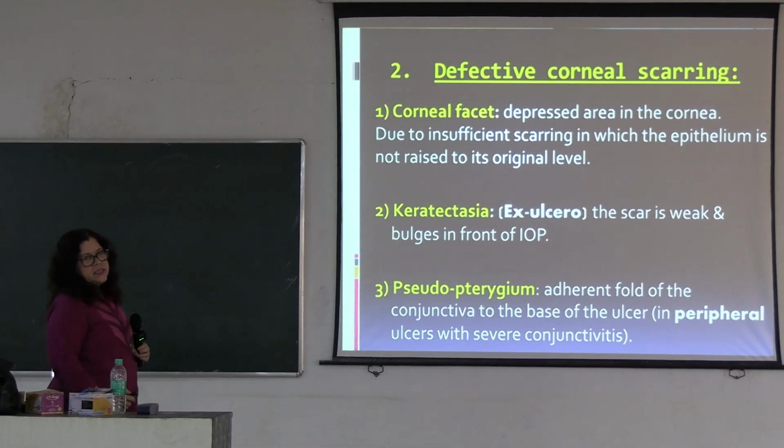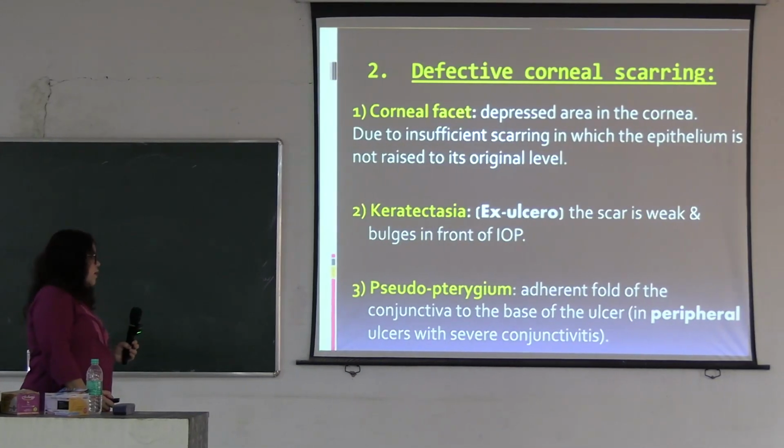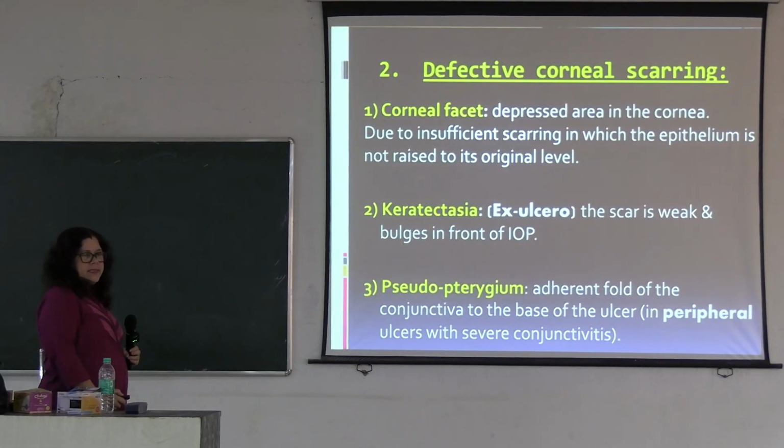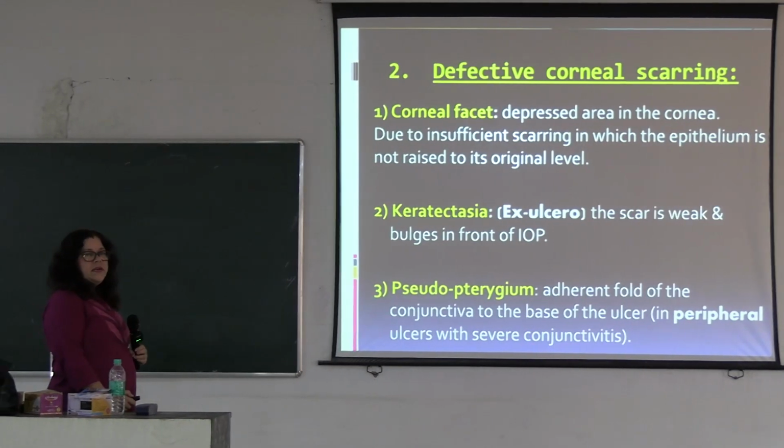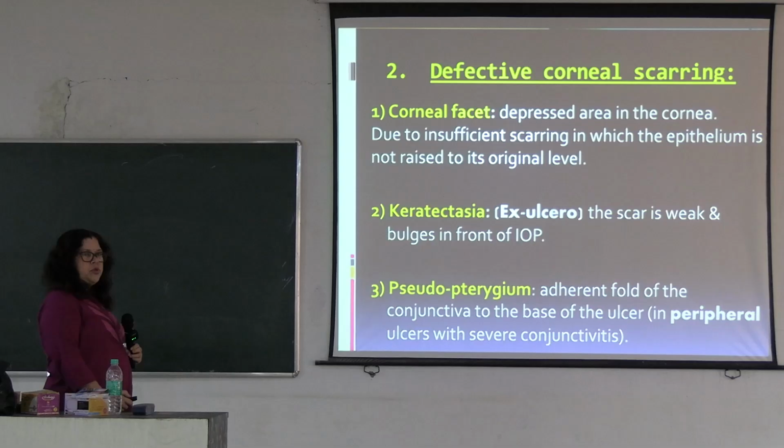And pseudopterygium. Sometimes iris tissue is adhered to the base of the corneal ulcer, and it looks like a pterygium. That is called pseudopterygium. You will learn it in the topic of conjunctivitis, where you study what is pterygium and what is pseudopterygium.